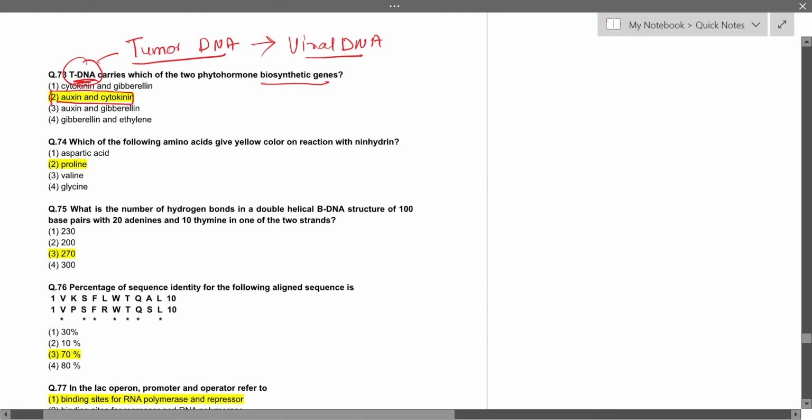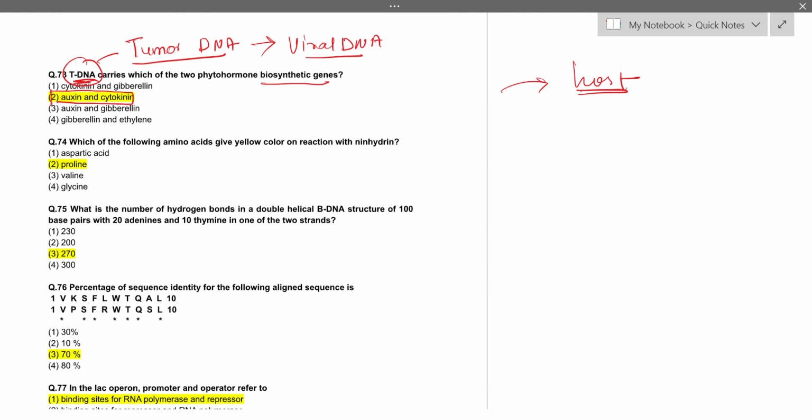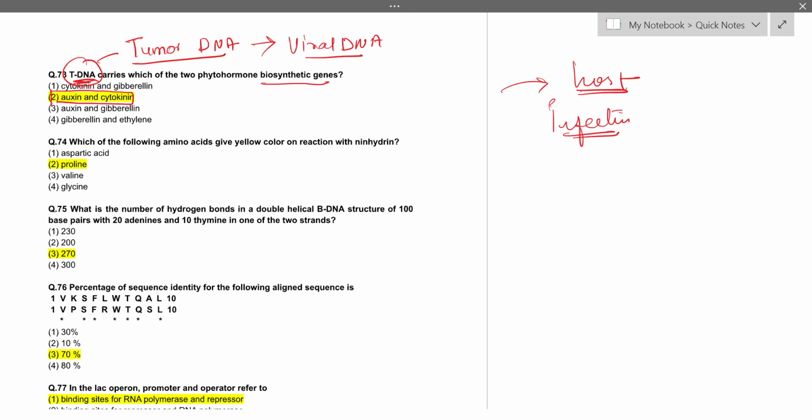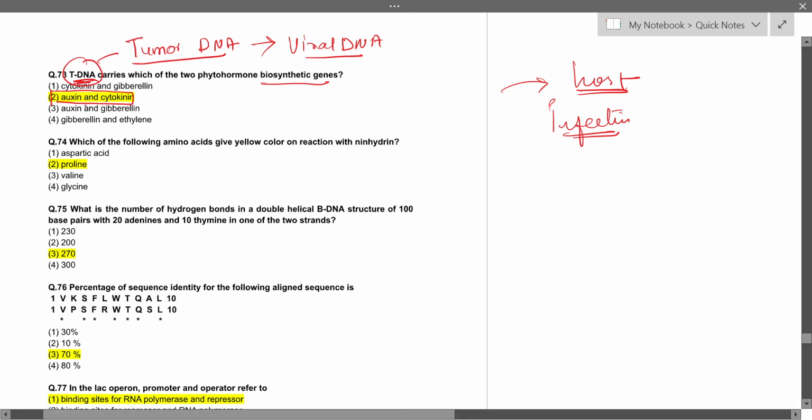What do they do? Whenever they enter the host, they can cause infection. But they also need their growth factors. They also need food and everything, so they produce these using auxin and cytokinin.